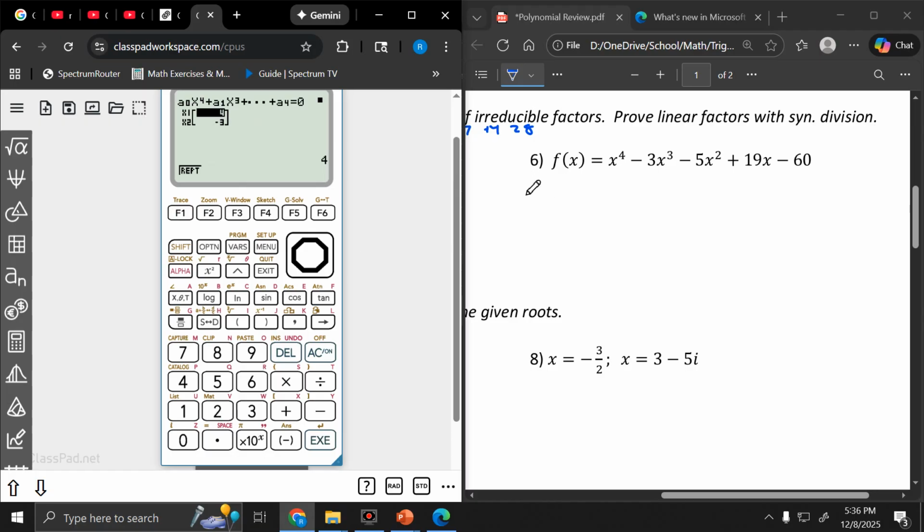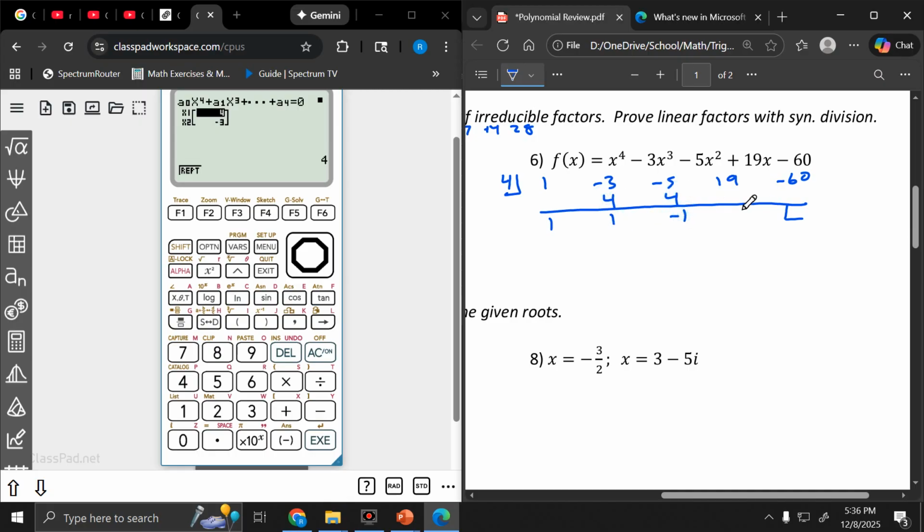So synthetically divide first by the 4. And the 1 drops. Multiply, add, multiply, add, multiply, add, multiply, add. All right, I get a 0 right there.